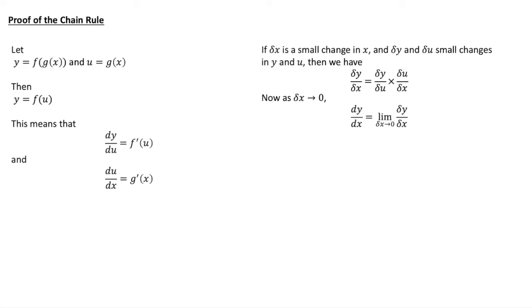Now, as delta x tends to naught, you also will probably remember that that then allows us to say that dy by dx is equal to the limit, as delta x tends to naught, of delta y over delta x.